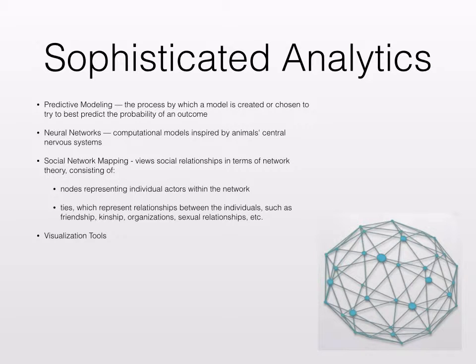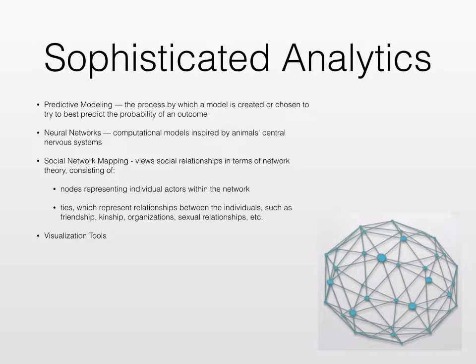There's this notion of neural networks, which are just computational models that are inspired by an animal's central nervous systems, our brains. And then there's social network mapping, which has been around for quite a while in algorithmic form, but is now used quite frequently in technology. It's actually been around since the 60s.